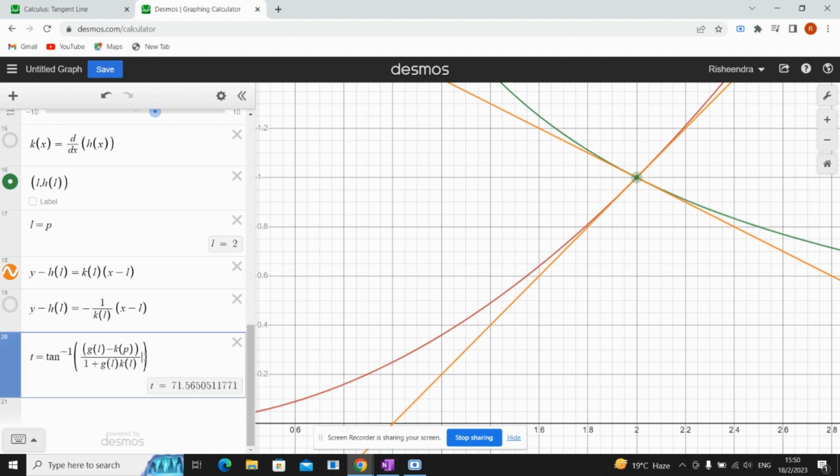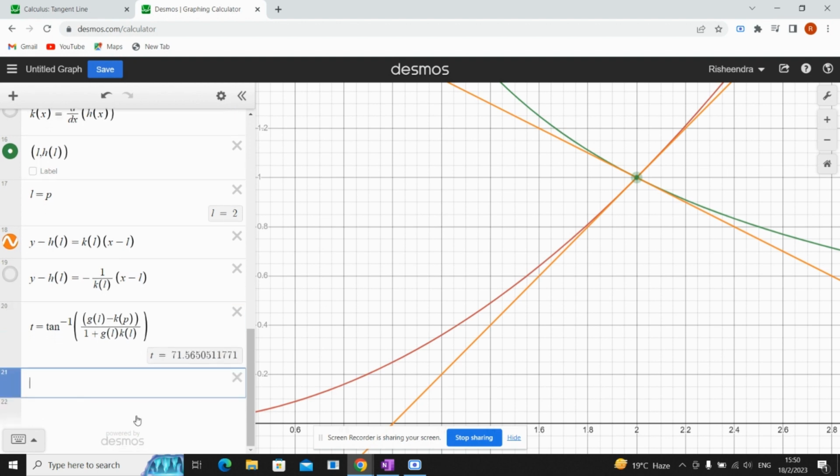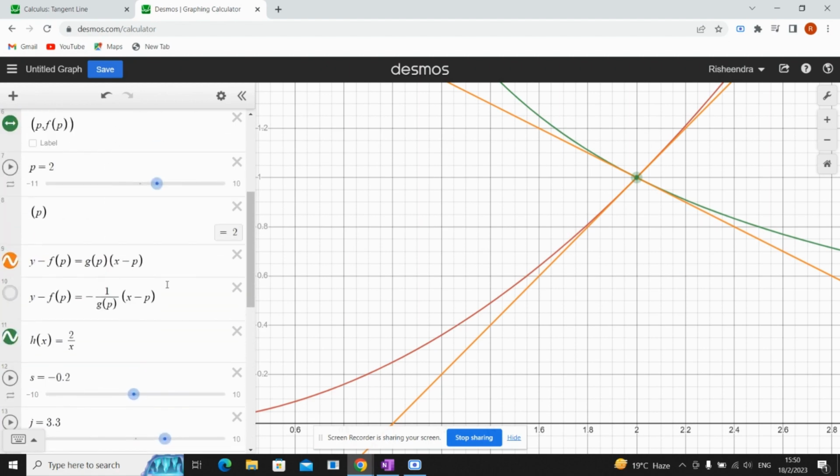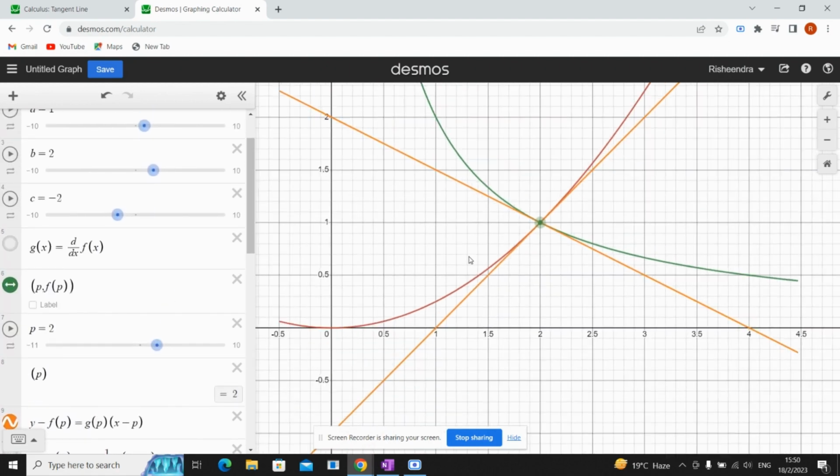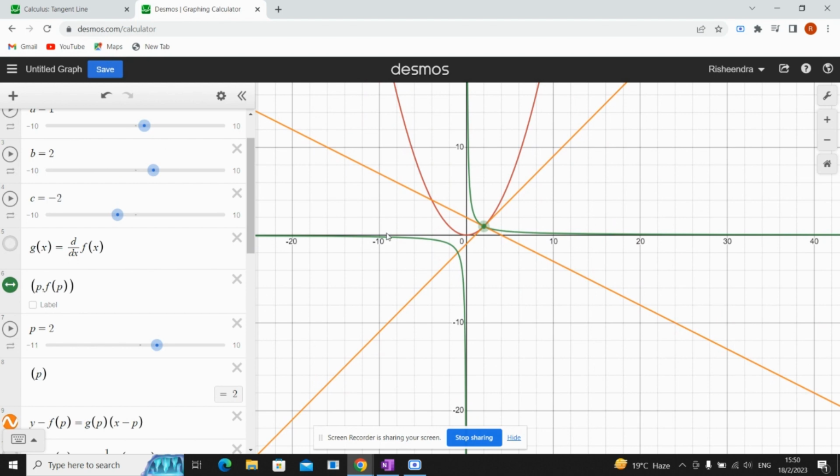Or we can also say that tan t equals 3, so t is tan inverse 3, or 71 degrees. That is the angle between these two tangents. Want to play a little bit? So let's change the graphs a little.